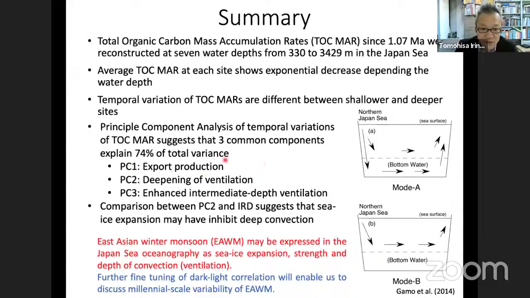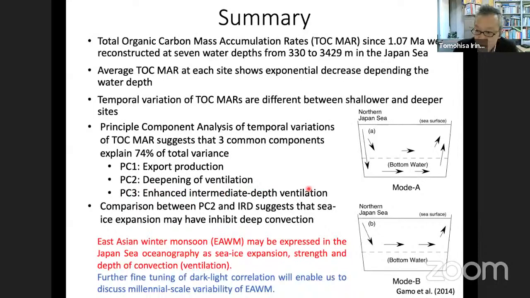Principal component 1 suggests the export production, which was probably controlled by the summer monsoon effect or sea level. PC2 suggests the deepening of ventilation, and PC3 is more enhanced intermediate depth ventilation.